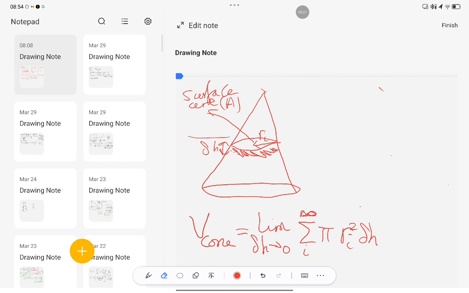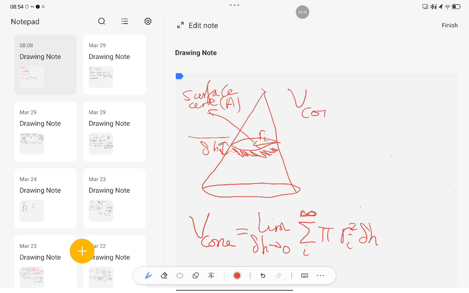We have a special symbol for sums that are continuous, so sums where we're summing an infinite number of infinitesimal things. And the symbol we use is the integral.